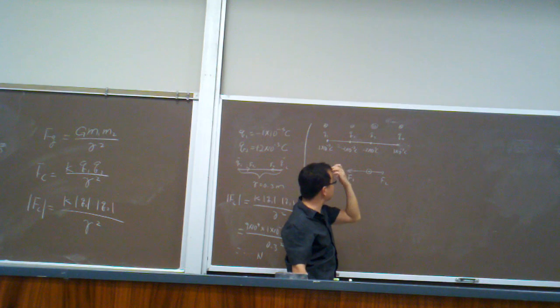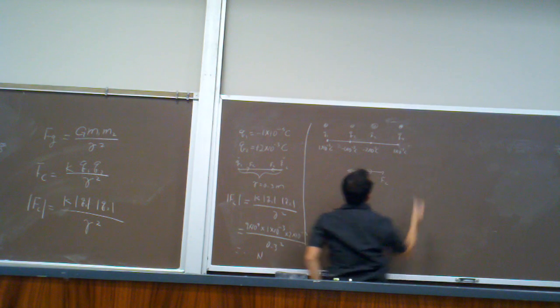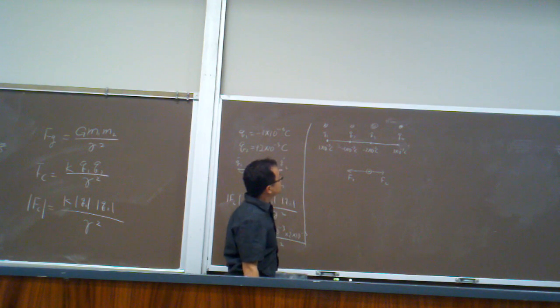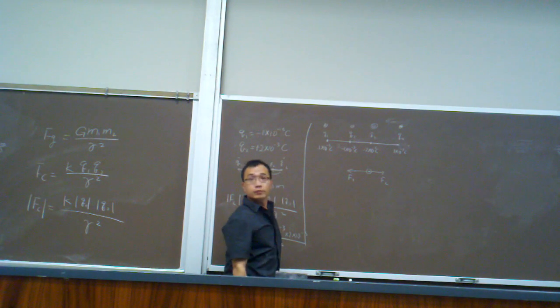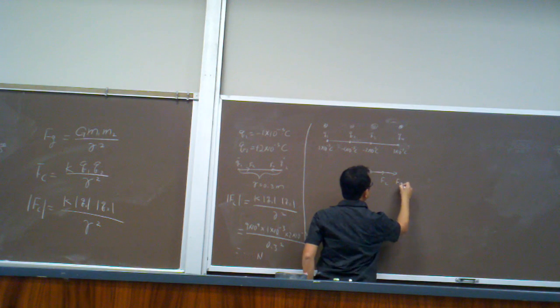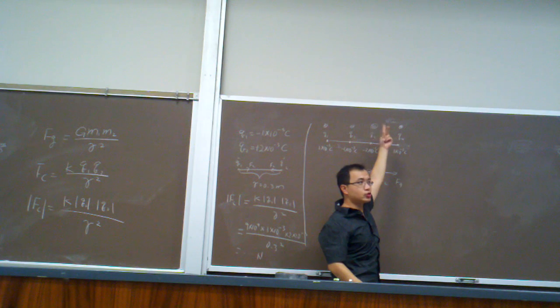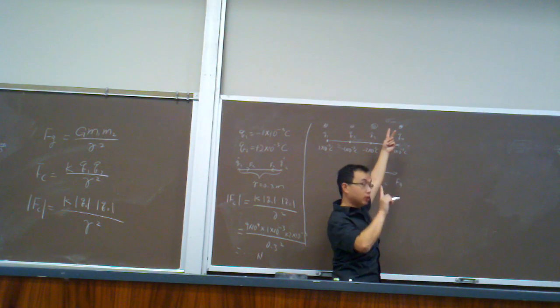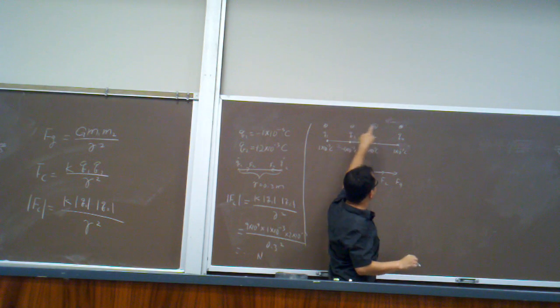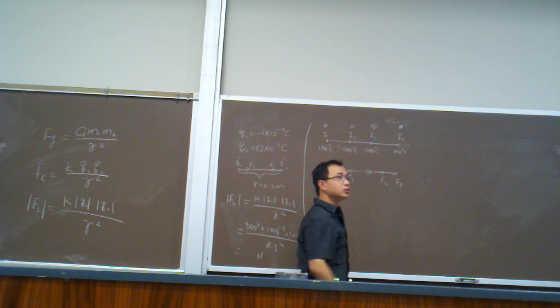It's called F4. To which direction? This is positive, so it's going to be to the left. Oh, no, I'm sorry. To the right. Negative, positive, so it's attraction, and an attraction from the right is of course to the right. Question?